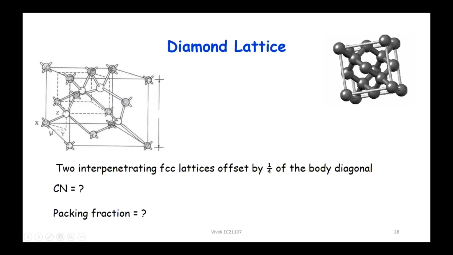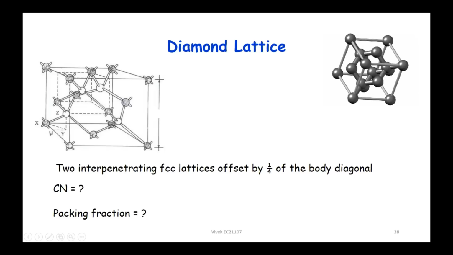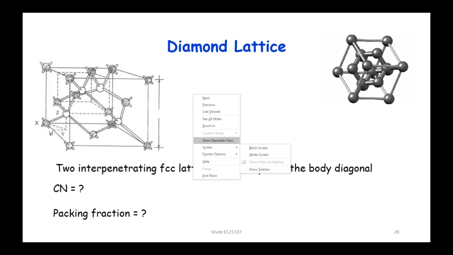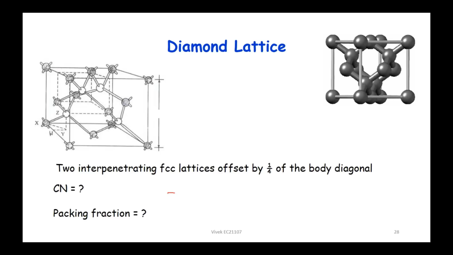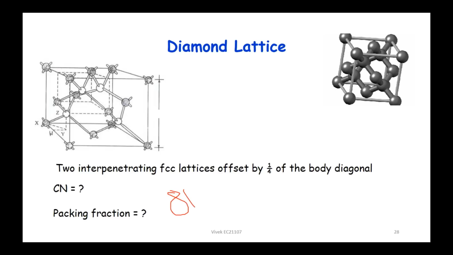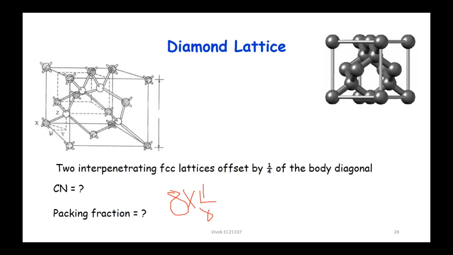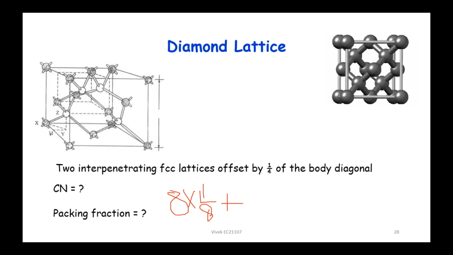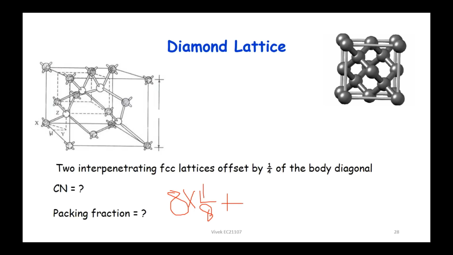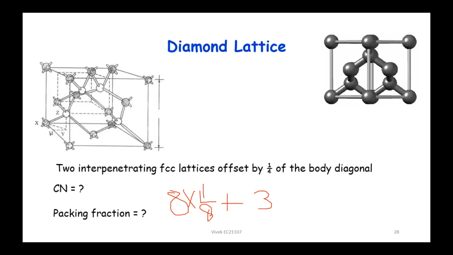And if you want to calculate the packing fraction, so total how many atoms are there, you can count. There are 8 atoms at corners, plus there are 6 atoms at face, so that will be 6 times 1 by 2, so that is 3.